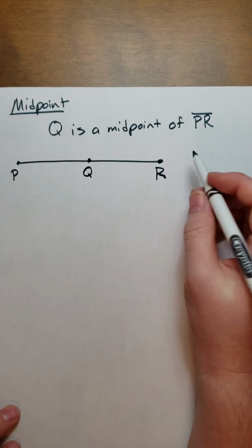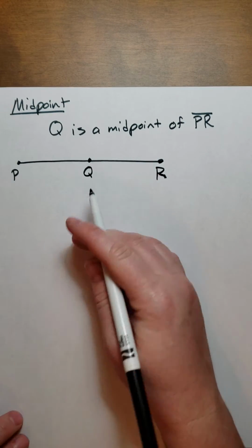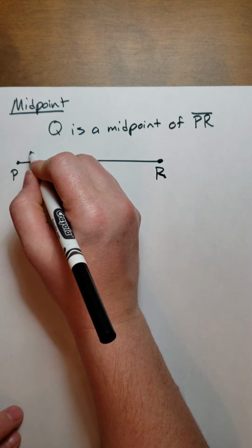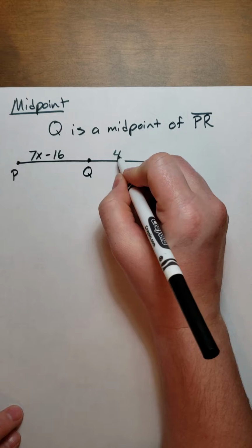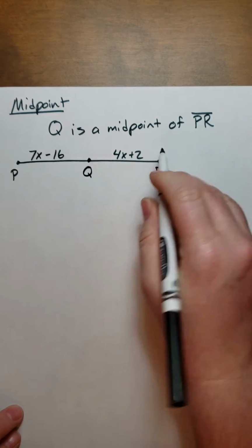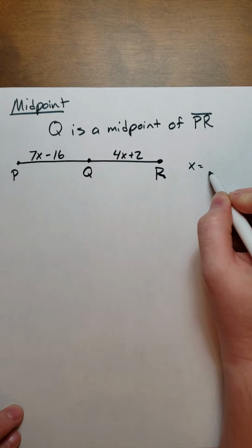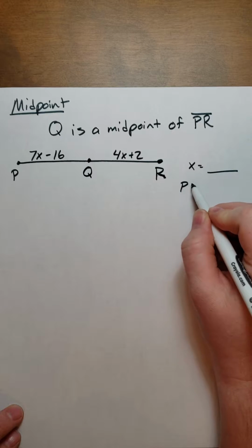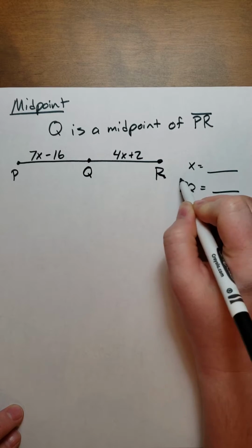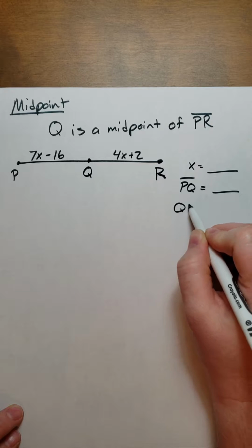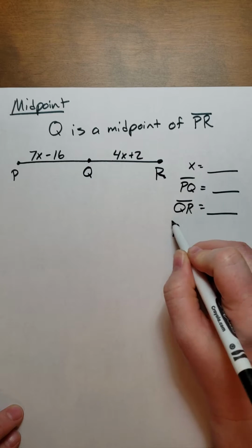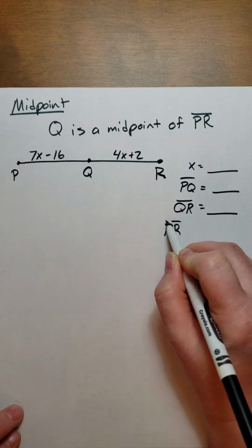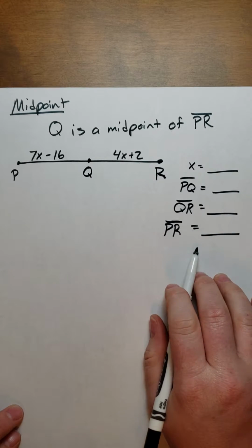Now on this one it did come with a diagram. And it was already filled in as far as 7x minus 16 and 4x plus 2. And we're asked to find the value of x, the distance of PQ, the distance of segment QR, and the distance of segment PR.